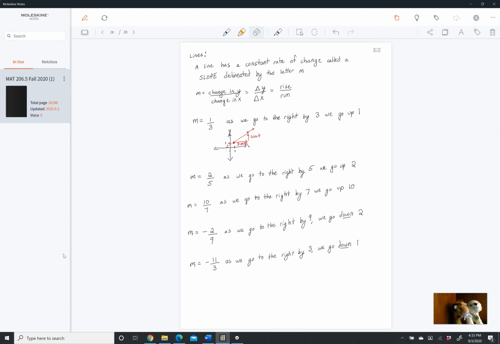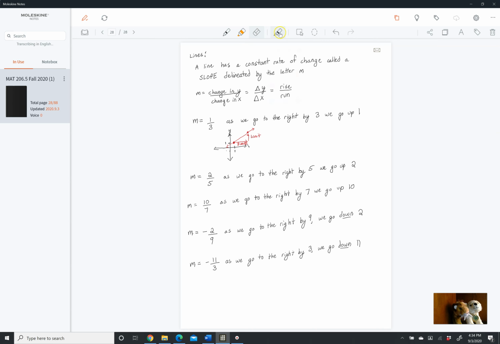Again, it's because of the negative sign, okay? And this is typically how we would write it. It would not be incorrect to say instead that when we go left 3, we go up 11, okay? So if you're going to the left here, then you're going up here when it's negative, okay? Then this has to stay consistent. It wouldn't be wrong to do that. We just typically don't do it that way, okay?